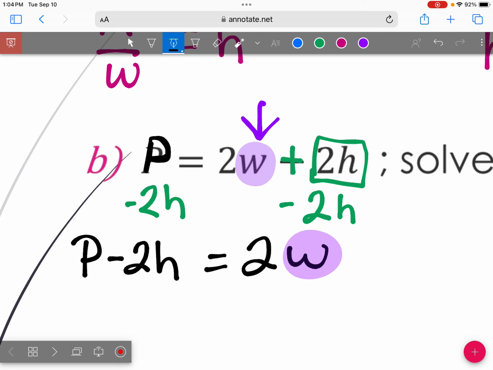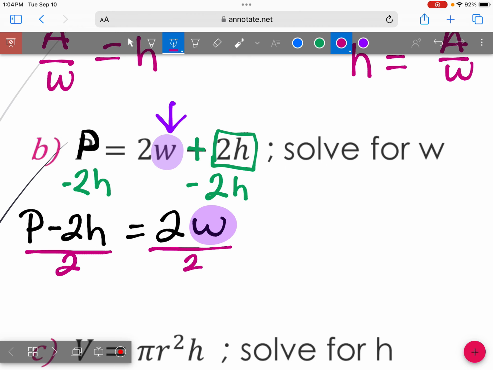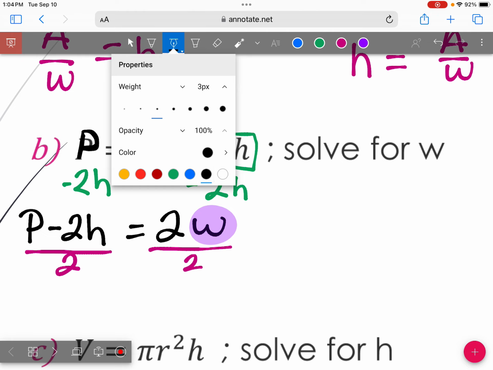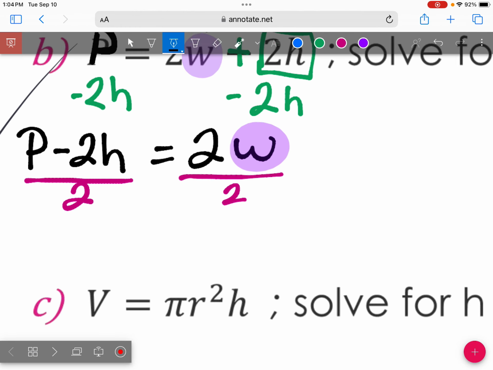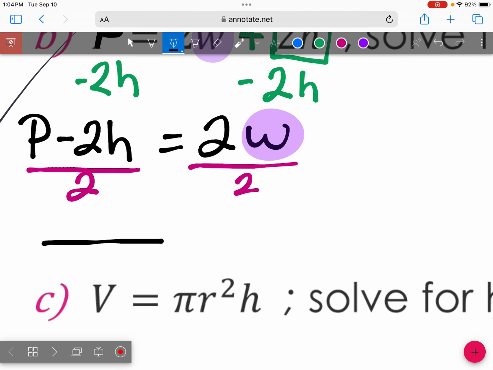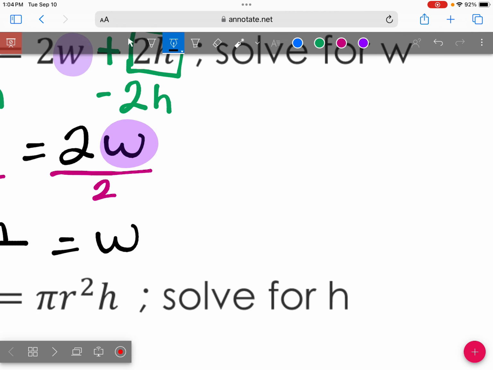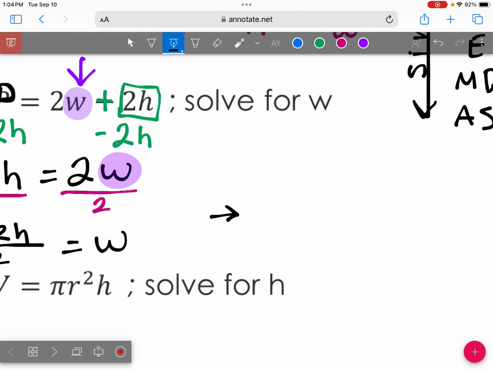Divide by 2. So we wind up with this super gross fraction of p minus 2h over 2. That is a valid way to write it. I'm going to switch it over on this side so we have our w equals.